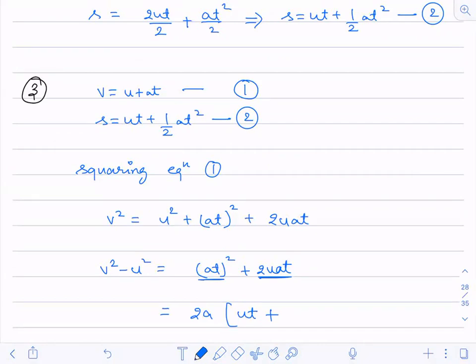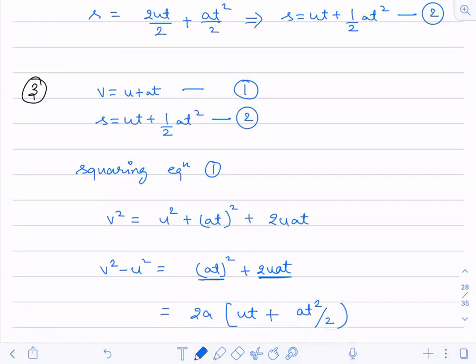Will I get a t square by 2? Because it is a square t square, and the 2a I have taken outside. So you just multiply this and this. You should get at square.